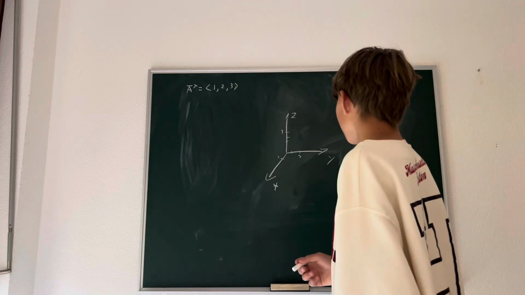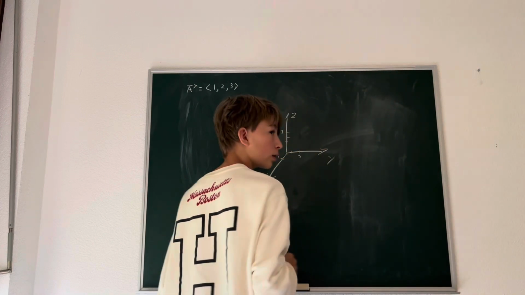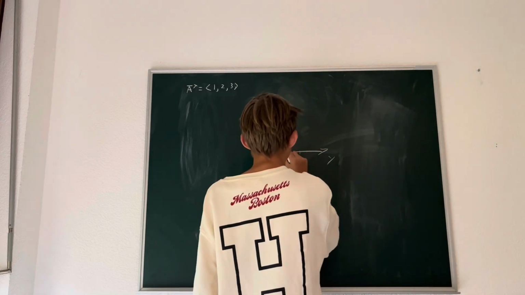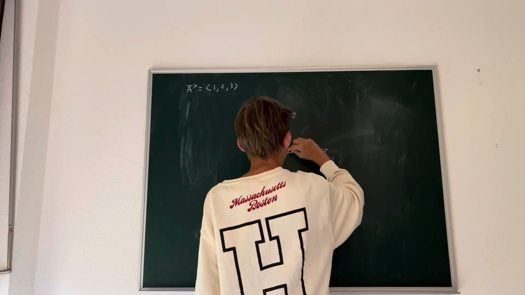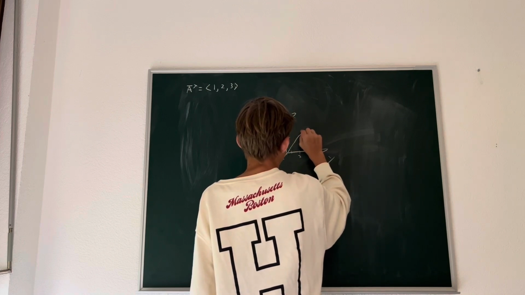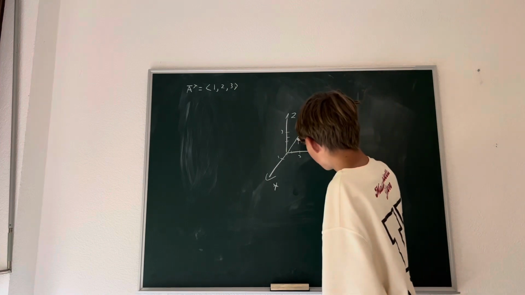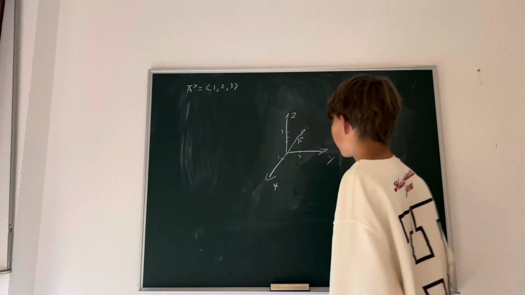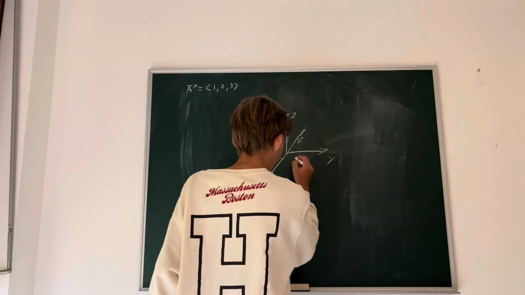So this vector is going to be stemming from the origin, and we can draw it. It's quite hard to draw, but it's like that. So this is going to be A, and we can see the vector here.